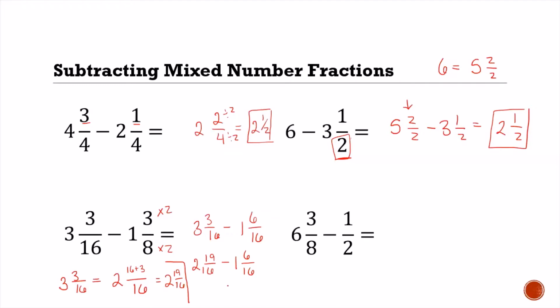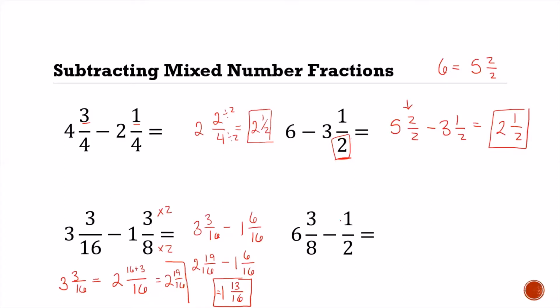Oh, I'm good. 13. That was my brain fart moment. 2 minus 1 leaves me with 1. So 1 and 13/16 is our final answer for this question. You could have completely turned everything into an improper fraction to subtract, and that would be perfectly acceptable. This way is actually a little bit of a shortcut. It does take a little getting used to, so it does take some practice. Let's look at the next one.